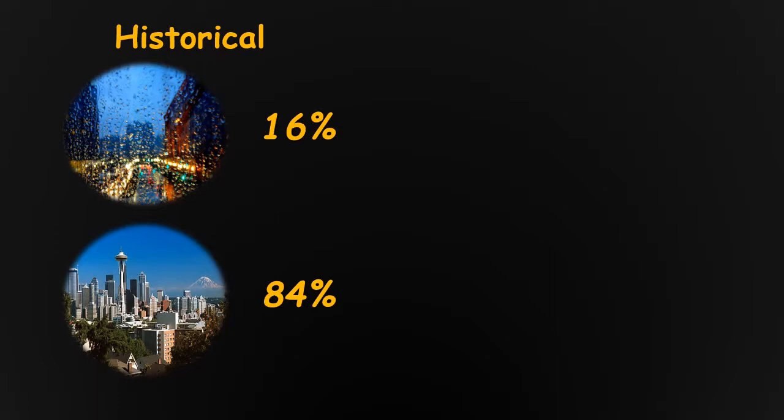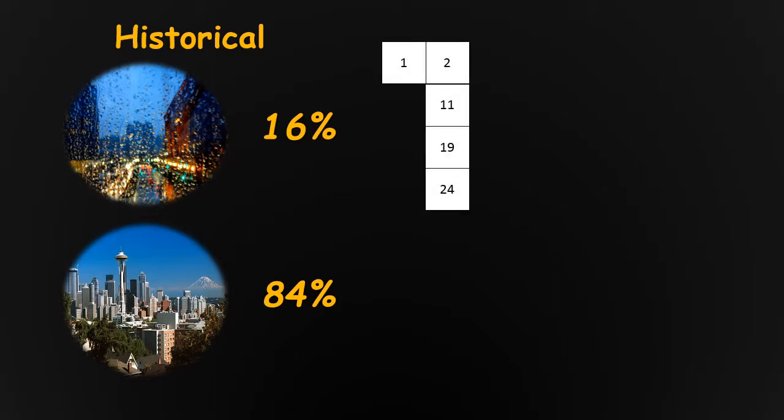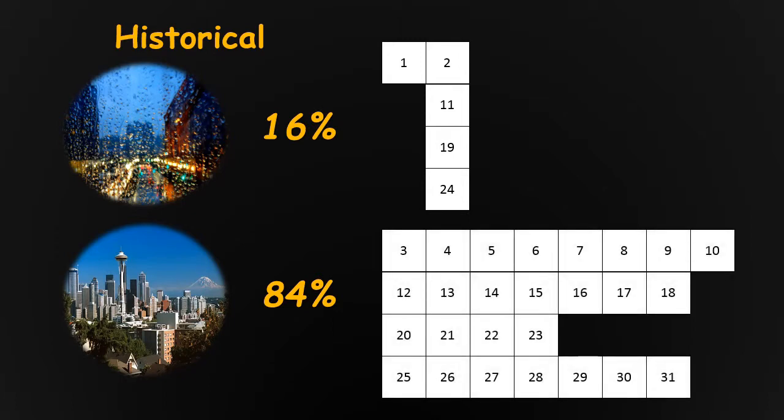The historical data tells us that of the 31 days in July, it's going to rain 16% of the time. This translates to about 5 days, and here are some representative dates. 84% of the time it will shine, and this translates into the other 26 days in the month.